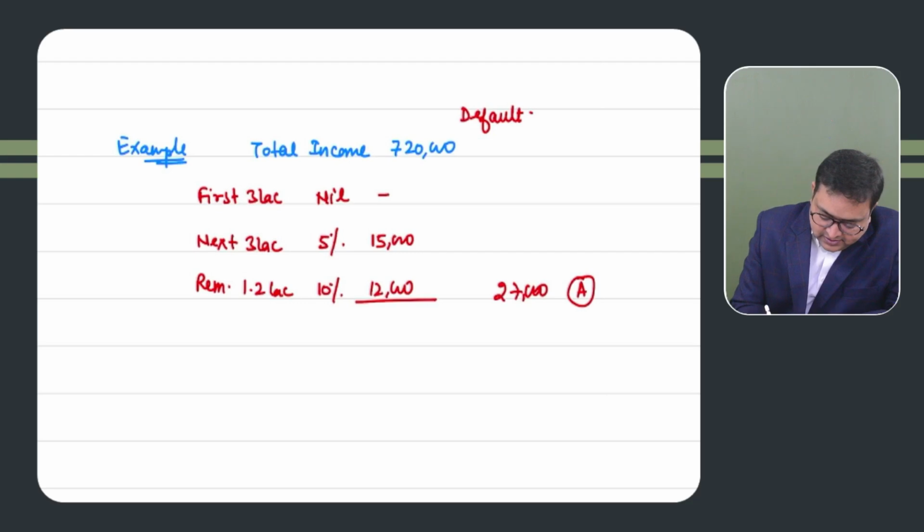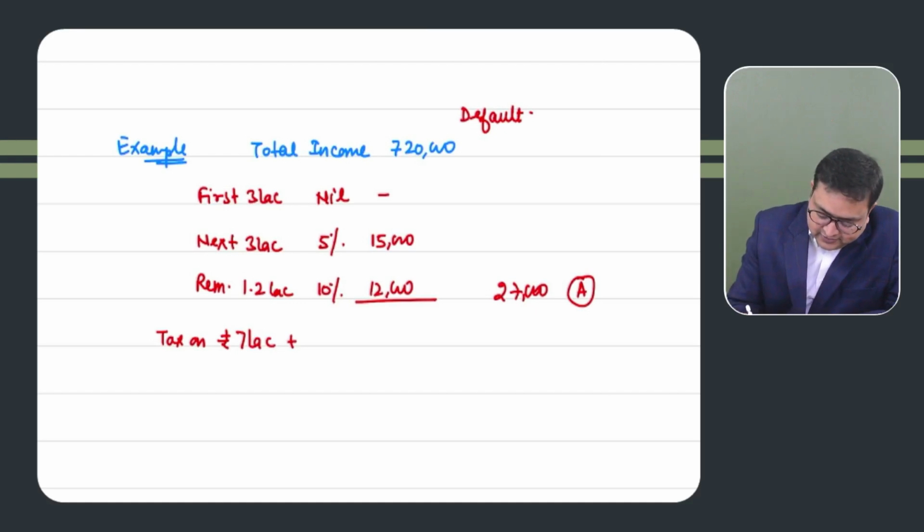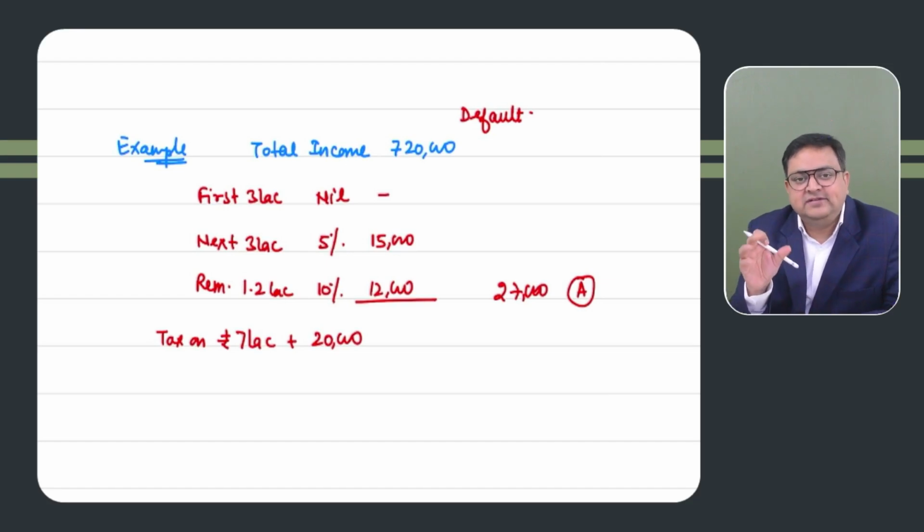Now, calculate tax on 7 lakh plus additional income over and above 7 lakh. So additional income over and above 7 lakh is 20,000. Tax on 7 lakh, we understand, is zero. Why?